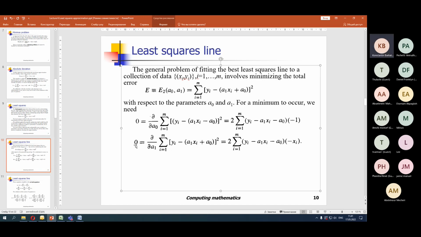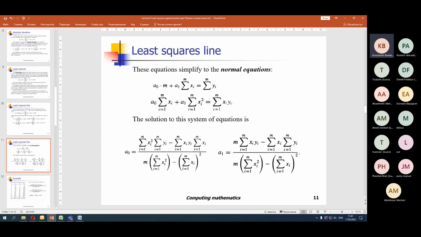And after that, we should solve the system of equations for a1 and a0. After some simplifications, this system of equations can be written in the following form.